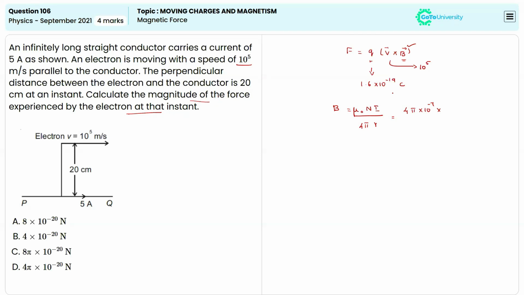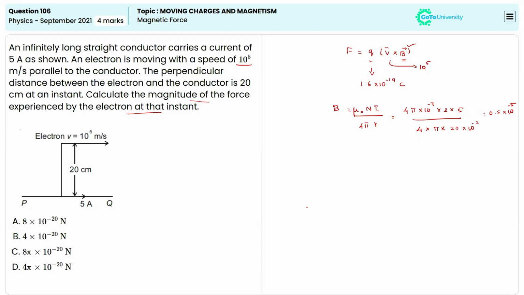So we can write 2, and I is representing the current, which is given as 5 ampere, divided by 4 times 5 times R, where R is representing the radius of the conductor, or we can say the distance between the electron and the conductor. Here it's given as 20 centimeter, so it can be written as 20 times 10 to the power negative 2. When we simplify this, we will get the answer of 0.5 times 10 to the power negative 5.